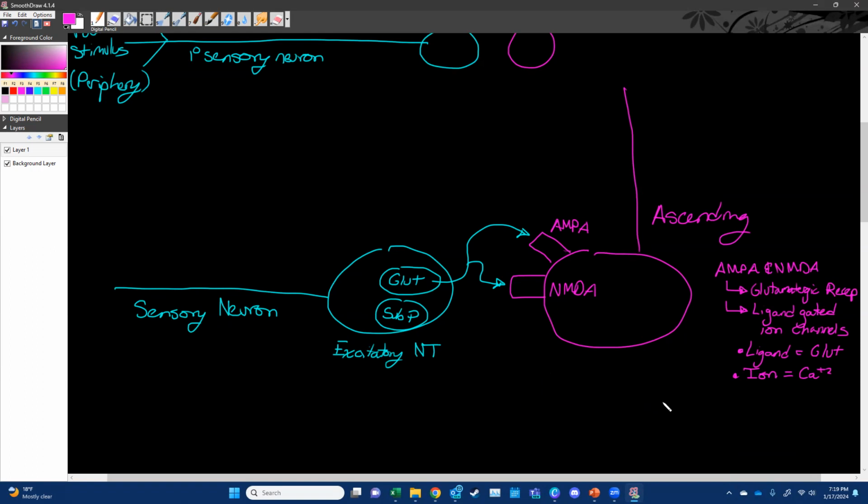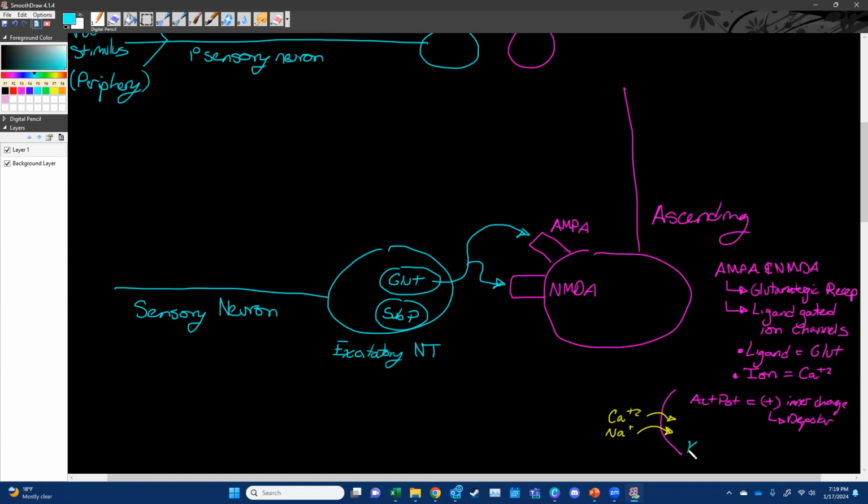And the reason is because when we look at the barrier here, in order to have an action potential, you need a positive inner charge, right? This is what depolarization is. Calcium and sodium are extracellular and they move in flux.